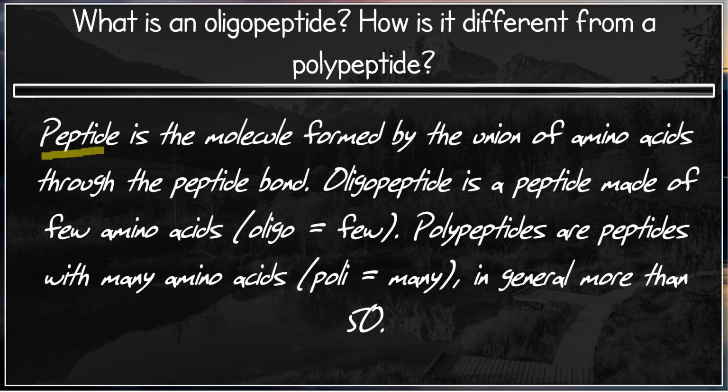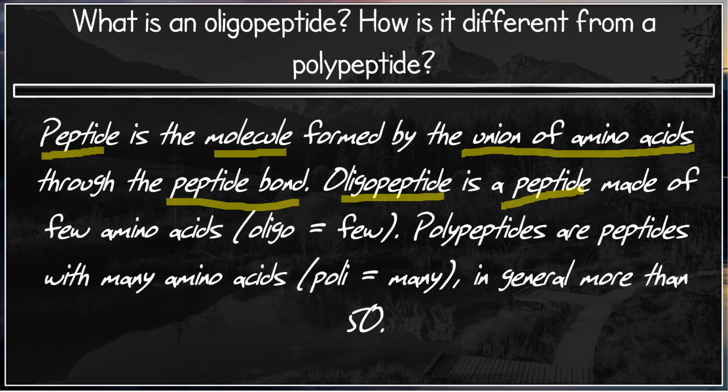The peptide is a molecule formed by the union of amino acids through the peptide bond. Oligopeptide is a peptide made of few amino acids. Oligo means few. Polypeptides are peptides with many amino acids. Poly means many, in general more than 50.